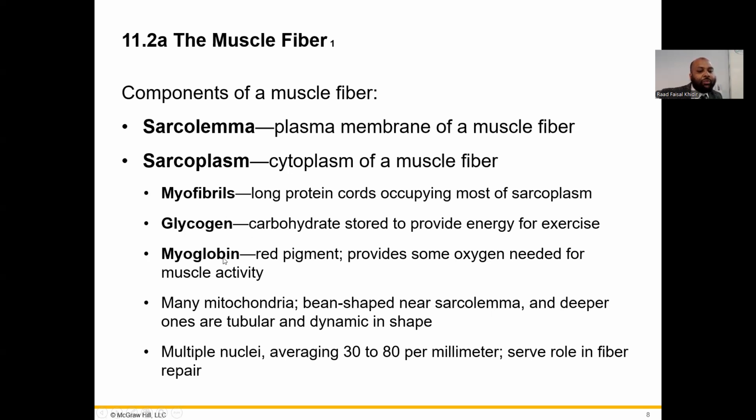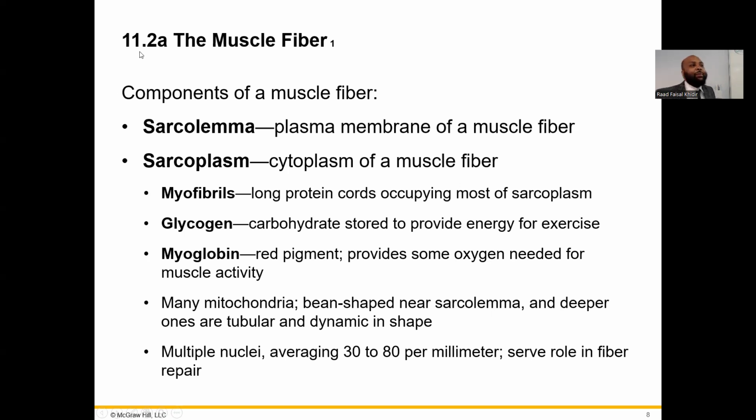And you have myoglobin. Myoglobin is a red pigment that provides some oxygen needed for muscle activity. So in the sarcoplasm, there are myofibrils, and these are the bands. That's what makes the striations.